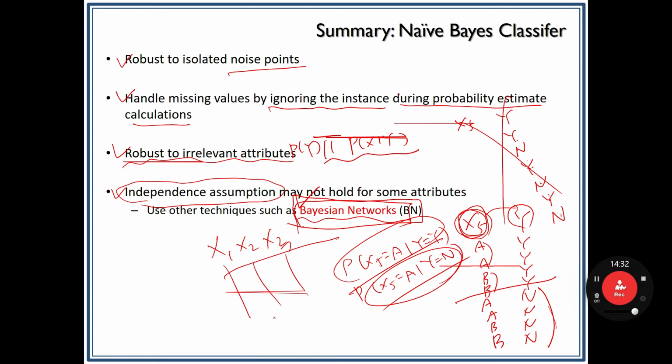But as I told you at the beginning of this naive-Bayes classification session, this one is also one of the most often used methods, and sometimes it gives quite good performance. So it's one of the good options for classification problems. Give it a try whenever you have a classification task.